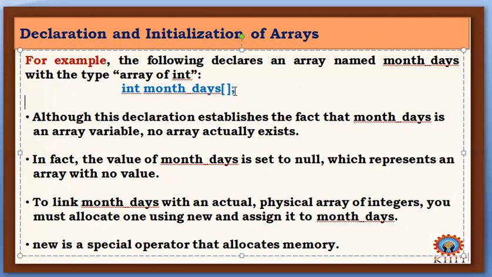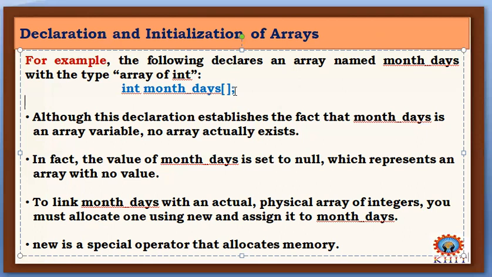Next, the value of month_days is set to null, which represents an array with no value. Initially, this declaration tells you it's an array. We are not mentioning how many elements we want to store. Size is not mentioned here. Only the array declaration is made, with 0 size. There is no size set to that.